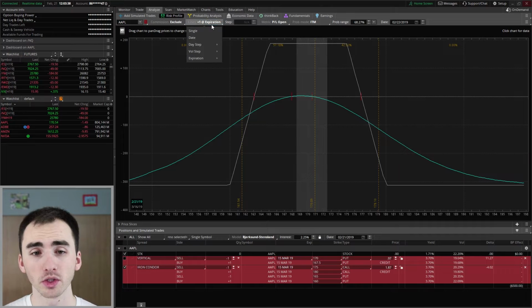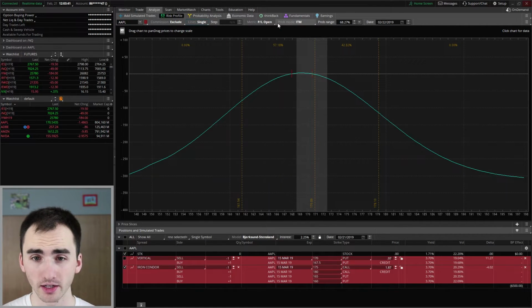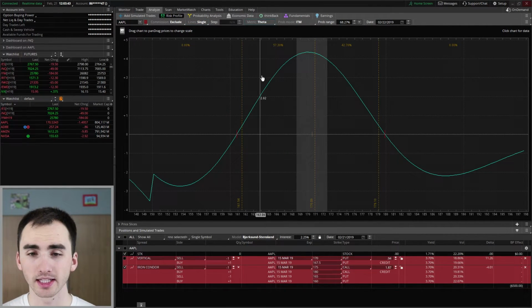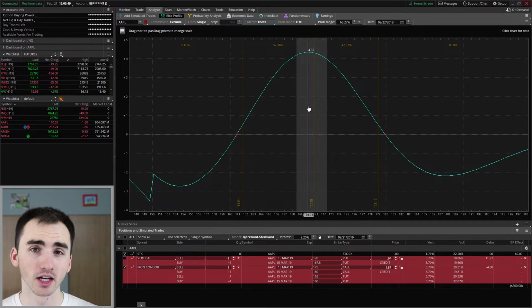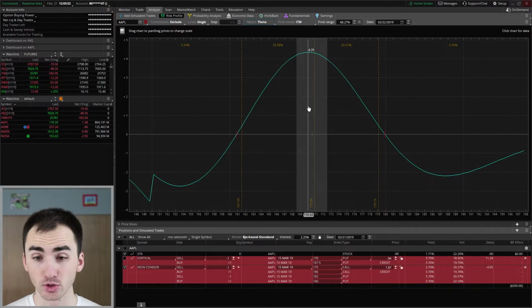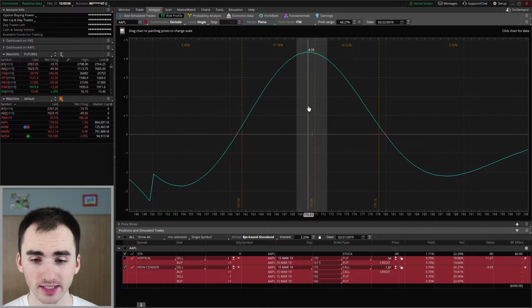Now, if we actually want to look at the theta of this Iron Condor, we can see that, as expected, if it's right in the center of our Condor, between our strike prices of 175 and 165, at pretty much 170, the theta will be the highest.